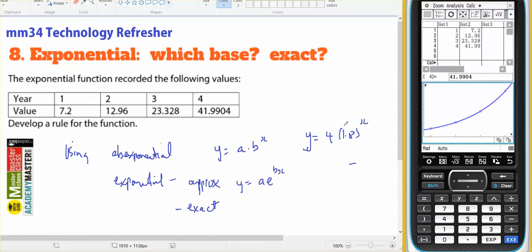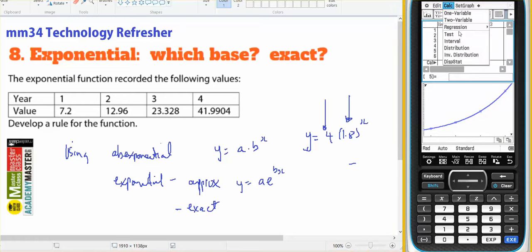So ab exponential uses a base b, which it will determine for you, and it will determine the initial value. Okay, that's good. What would happen if I chose exponential regression instead?